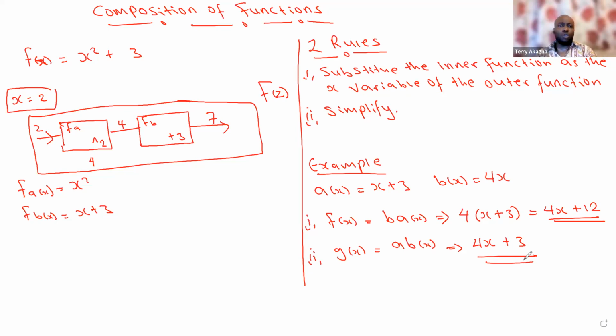Anywhere you see x in the outer function, you replace it with the inner function. Like in b of a of x, b is the outer function and a is the inner function. So in b, anywhere you see x, you put the inner function, and you simplify.